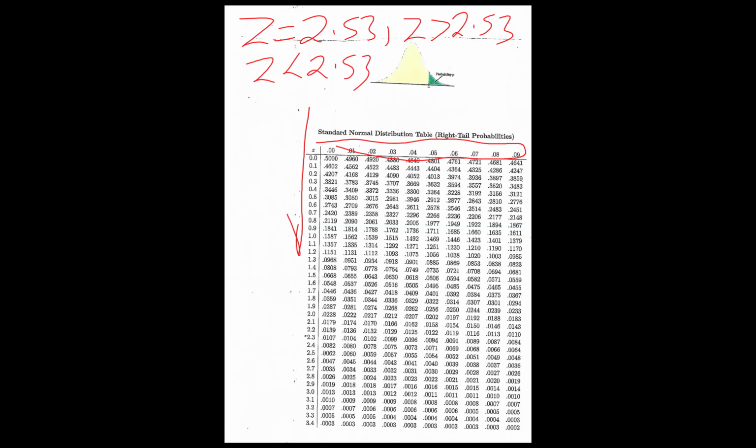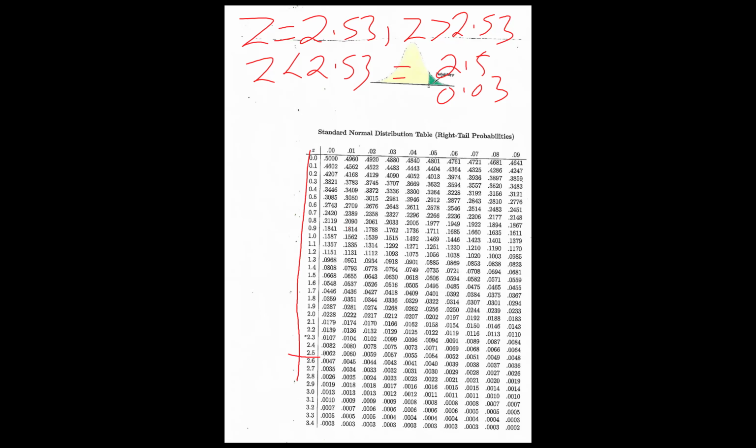That's a question we have. The first step is to separate this number 2.53 into 2 parts, 2.5 and 0.03. When we are reading our z-score, we look for where there is 2.5 first.